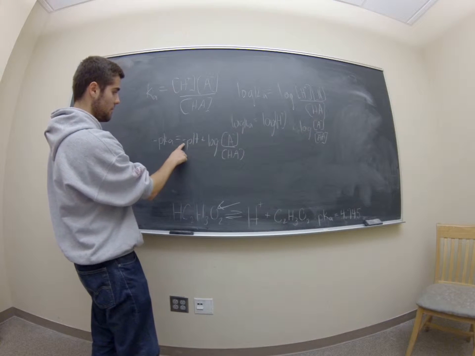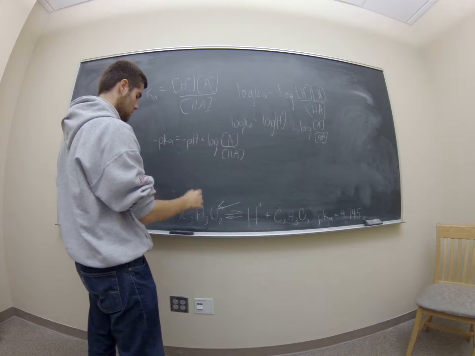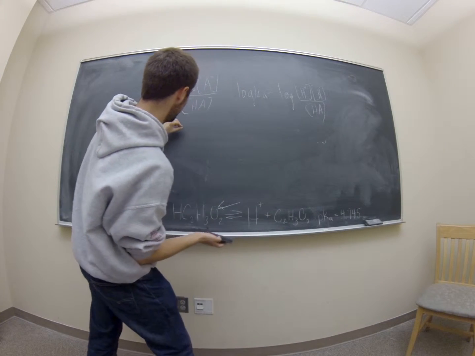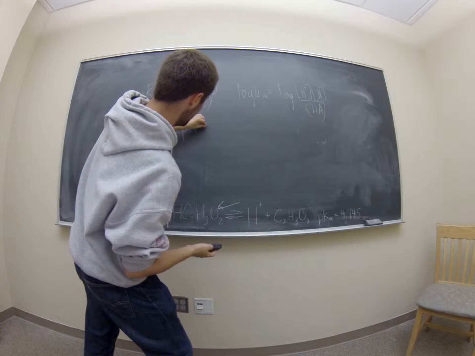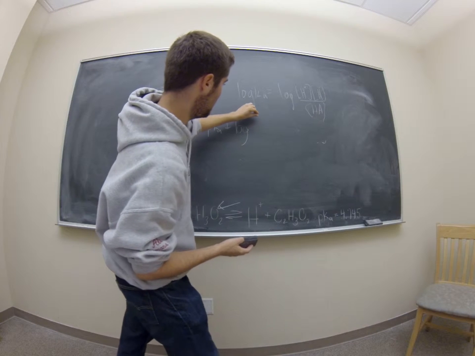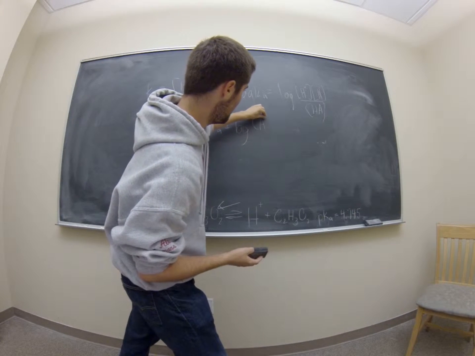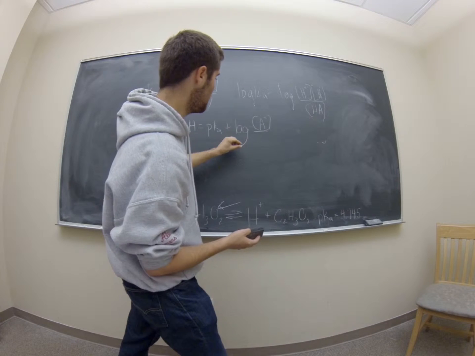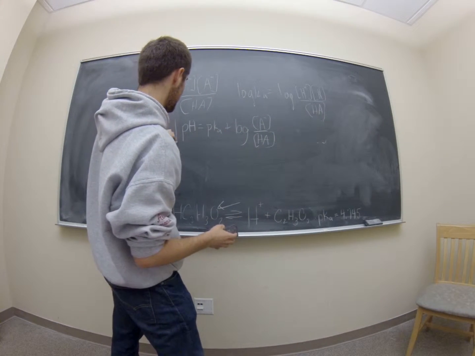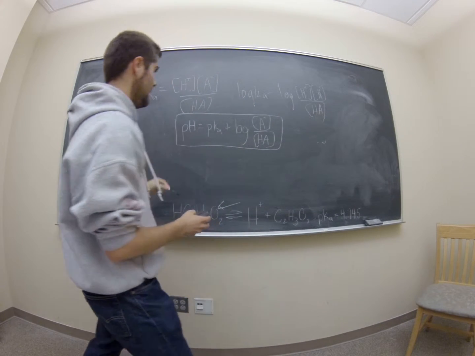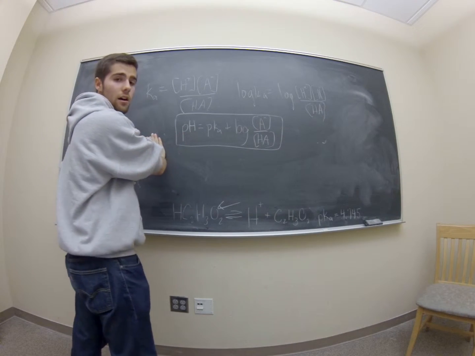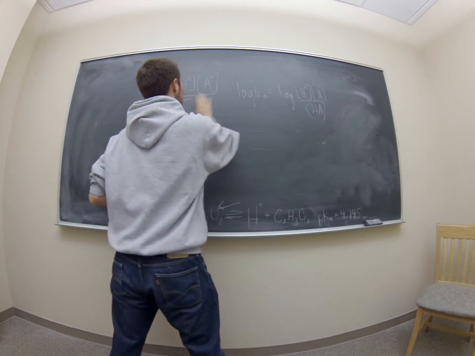We want to get rid of these minus signs, so we just switch their sides. And we get pH equals pKa plus the log of the initial concentration of the conjugate base over the initial concentration of our acid. And this right here is our Henderson-Hasselbalch equation, the equation we would use to calculate the pH of a buffered acid solution.